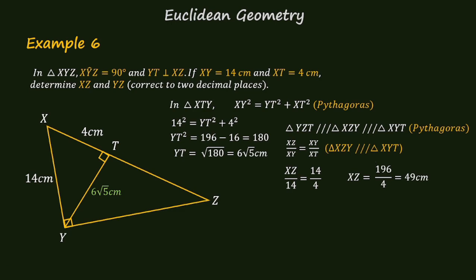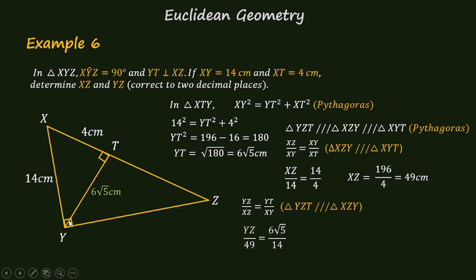To find the value of YZ, let's look at the triangle that has the YZ. This is our triangle. We can use these two triangles now to find the length of YZ. So we can say YZ over XZ. We already have XZ, we calculated it here. And then YT, which we have, over XY, which we have been given.